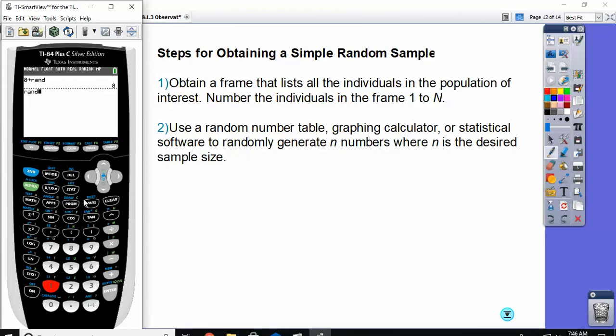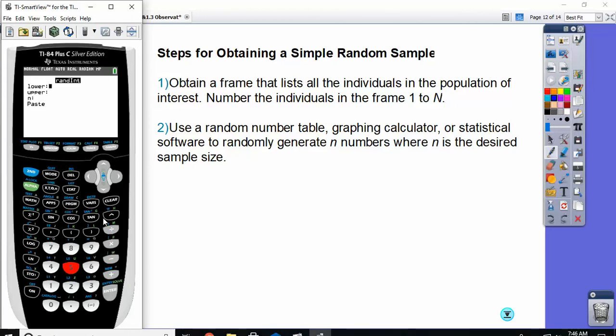Excuse me, I pushed the wrong one. Let's try Math, Probability. I want random integer, number 5. Sorry about that. Maybe not. Hold on. Okay, I don't think this is what your calculators show, if I recall correctly.